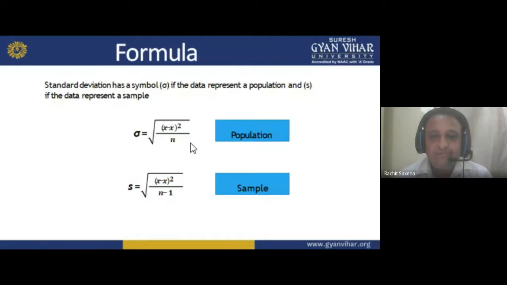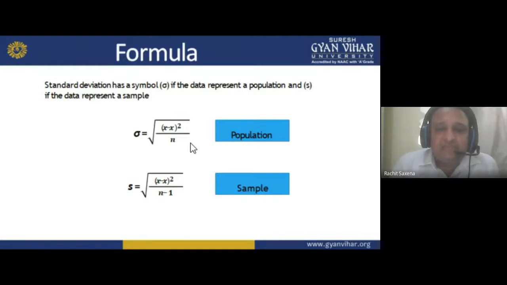Now move forward. The formula which we use. Standard deviation has the symbol sigma, which we always use to represent standard deviation. If the data represent a population, we use sigma, and S represents a sample. S represents what, my dear student?